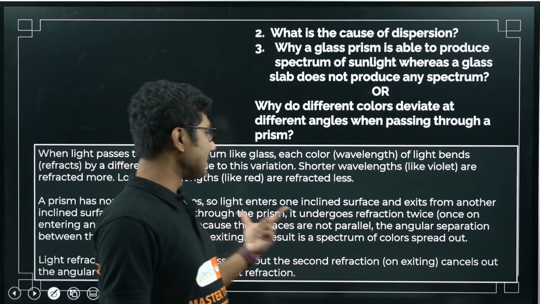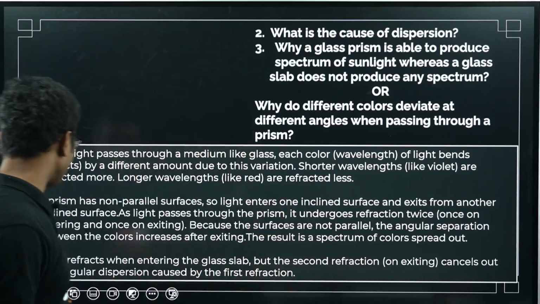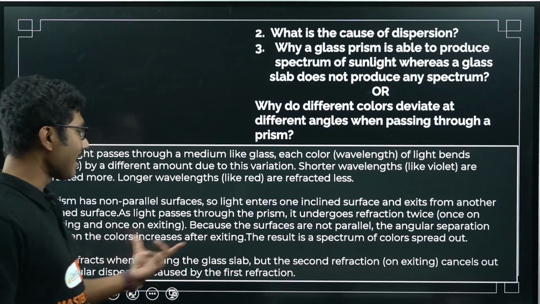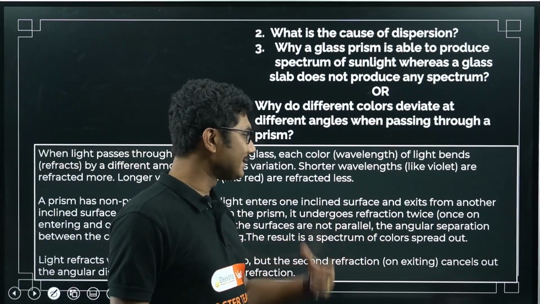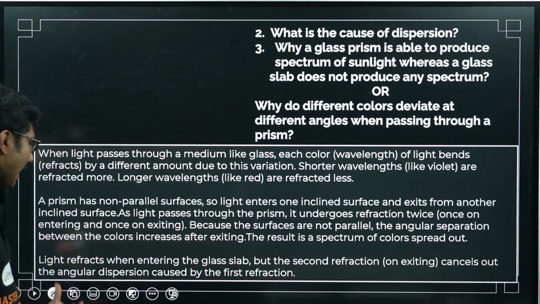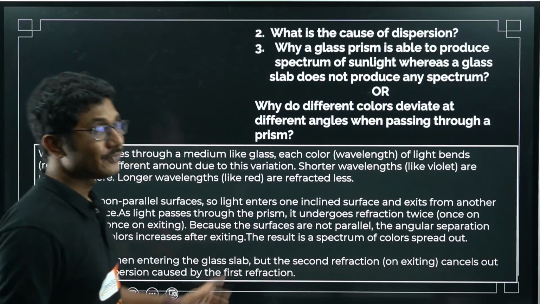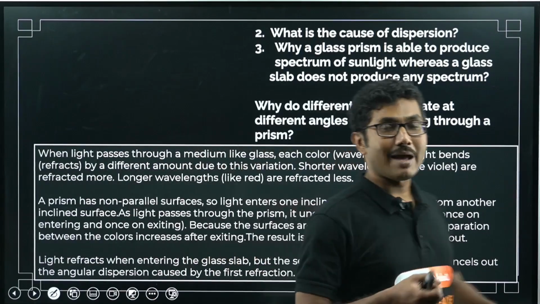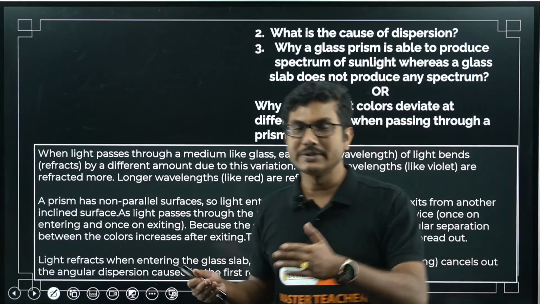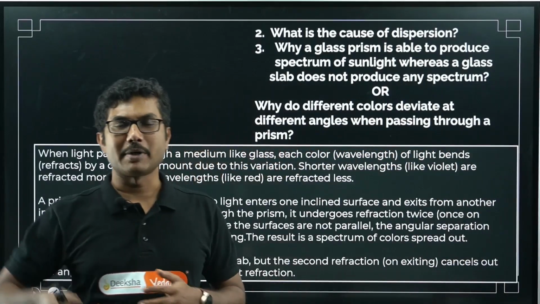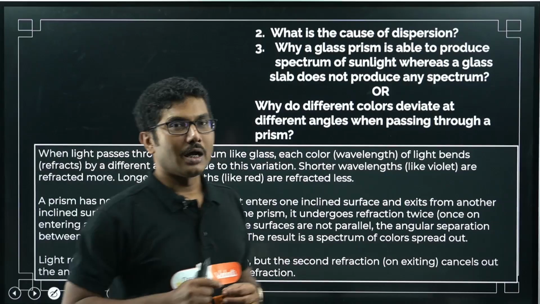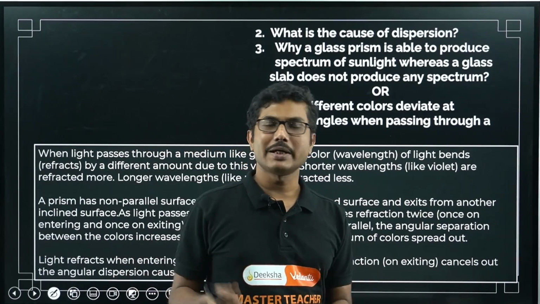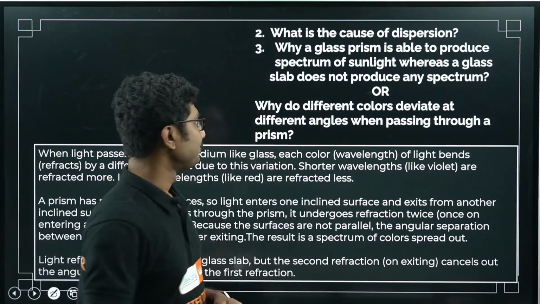The result is a spectrum of colors spread out. Light refracts when entering a glass slab, but the second refraction on exiting cancels out the angular dispersion caused by the first refraction. A glass slab has parallel surfaces, so from one surface the light is dispersed, but from the other surface it is re-merged. So that's why you only get white light.